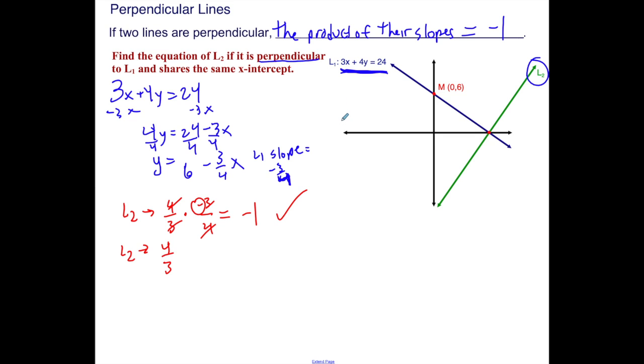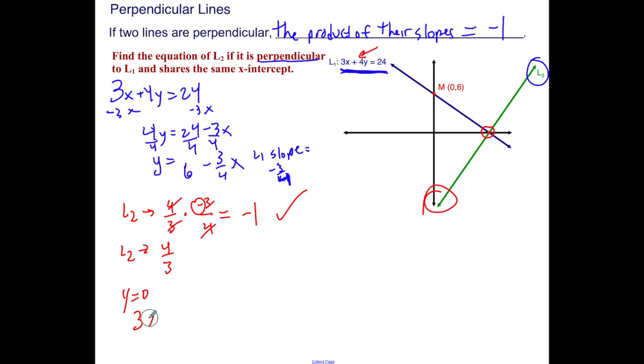So now we need to know the intercept. Well, again, we don't know what the y-intercept is here, but we do have a point that they share. And it's the x-intercept for this line. What I can do is I can say, okay, let's find the x-intercept of this line here, L1. Well, for the x-intercept, we know that y equals 0. So I'll put that in for y.